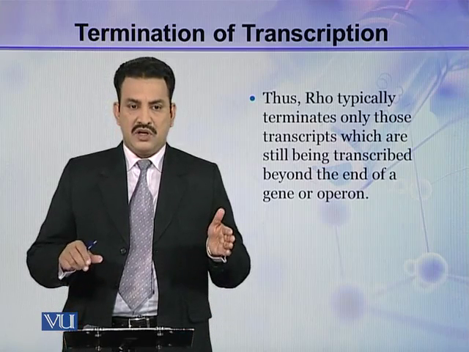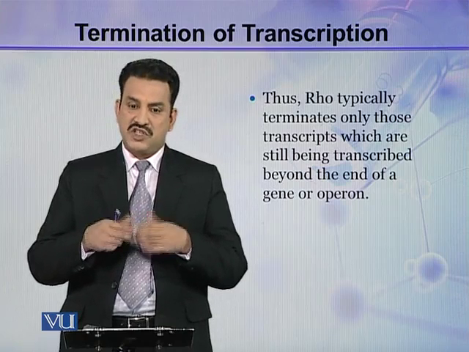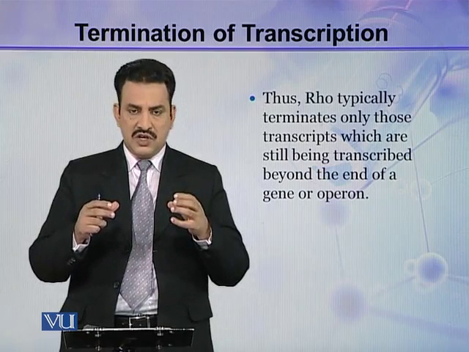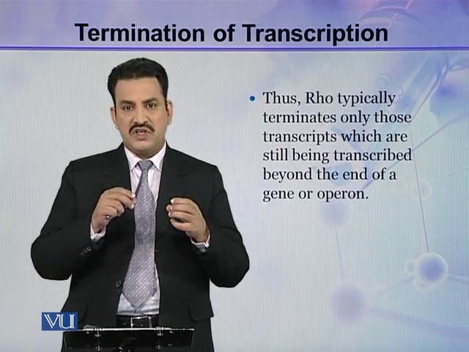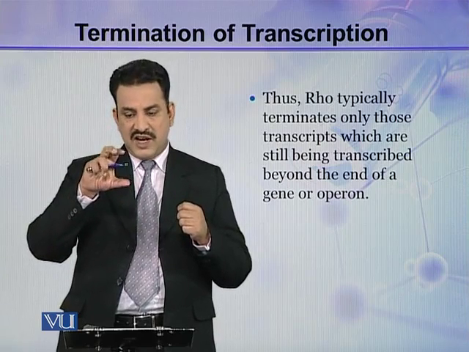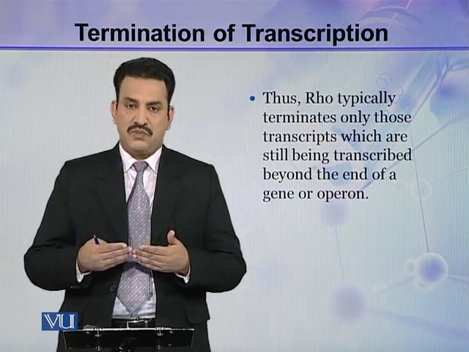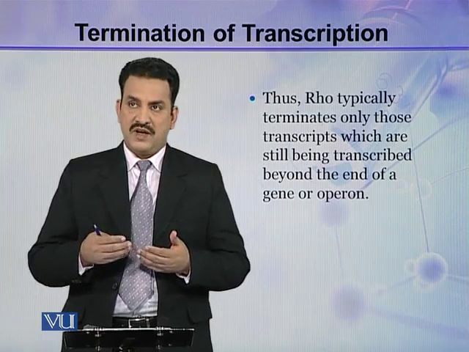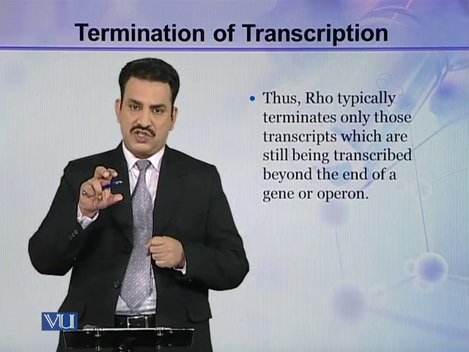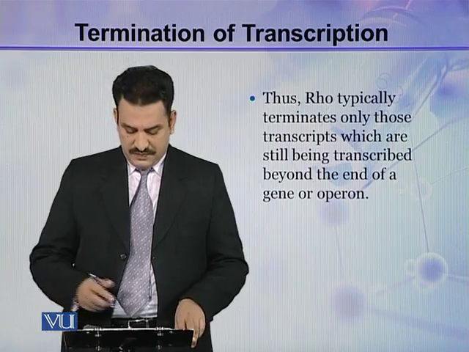So that transcript which is being simultaneously transcribed and translated would still be in contact with the polymerase complex, and that will be in the process of transcription. So this Rho will only stop this mRNA transcript, and it will not bind to any other RNA transcript.